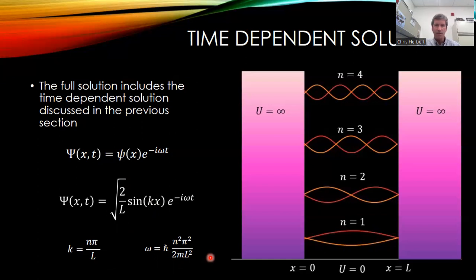So what parameters affect the different energy levels? Let's think about this. Well, first of all, the less massive the particle, the smaller this number is, and the higher the frequency becomes. Okay? So, obviously, as we get to smaller and smaller mass particles, they're going to oscillate at higher and higher frequencies.